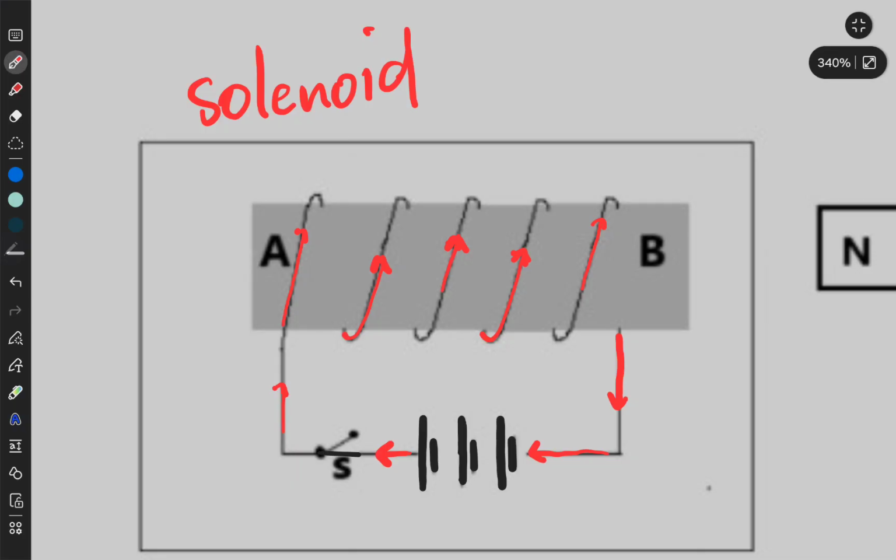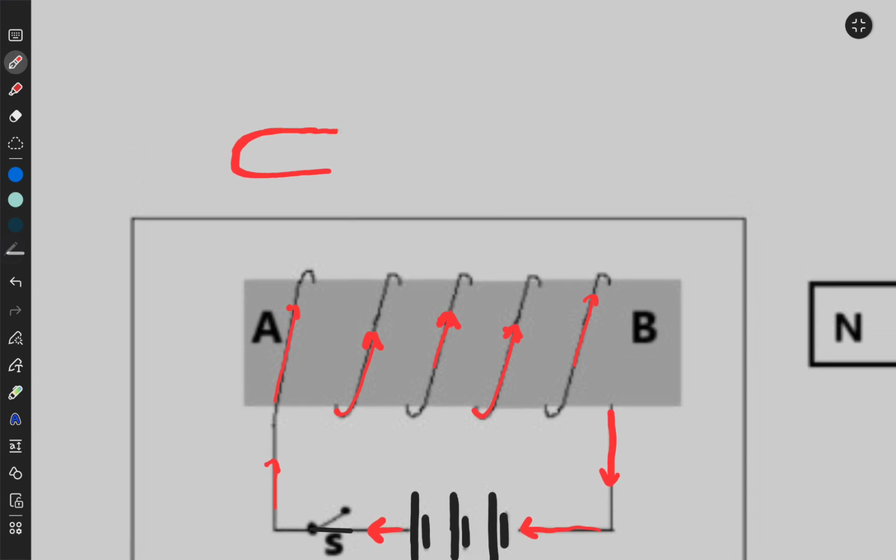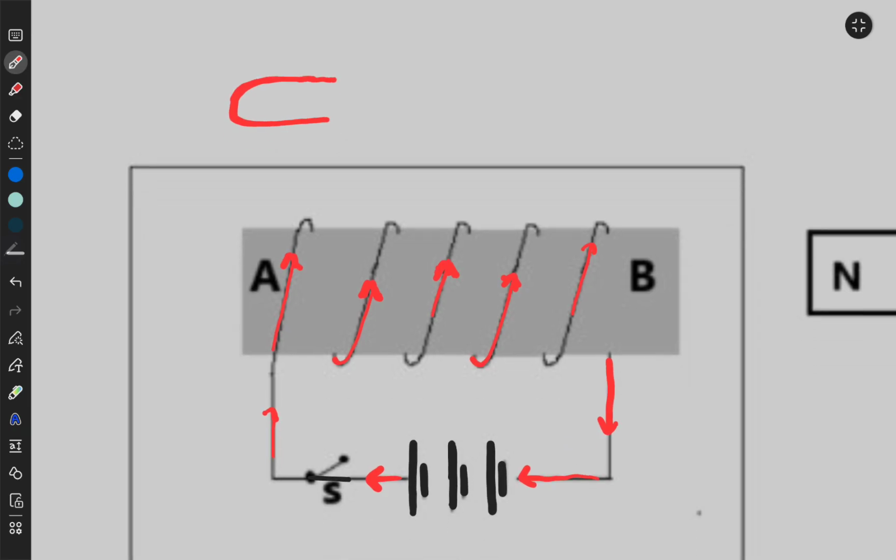So if we use our right hand, let me draw our right hand here. You take your pen and you hold it such that your fingers are curling in the direction of the current, because we're already given the direction of the current from how we analyzed the circuitry of this thing.